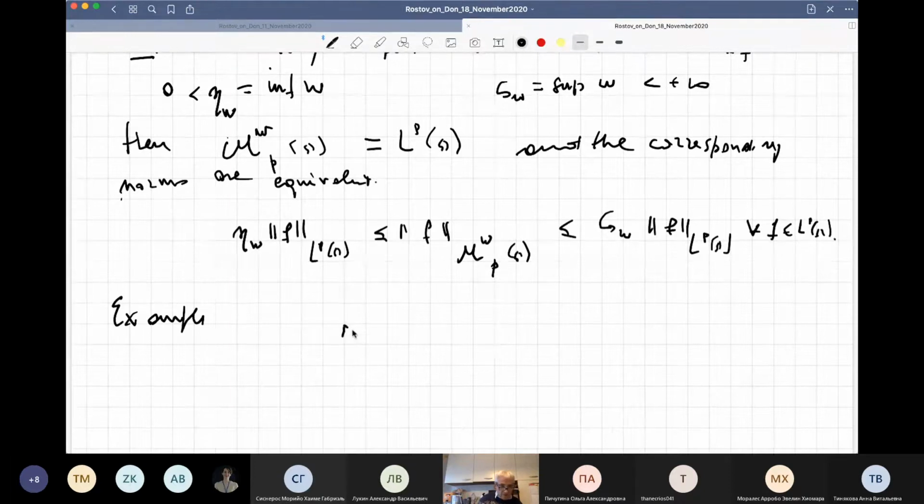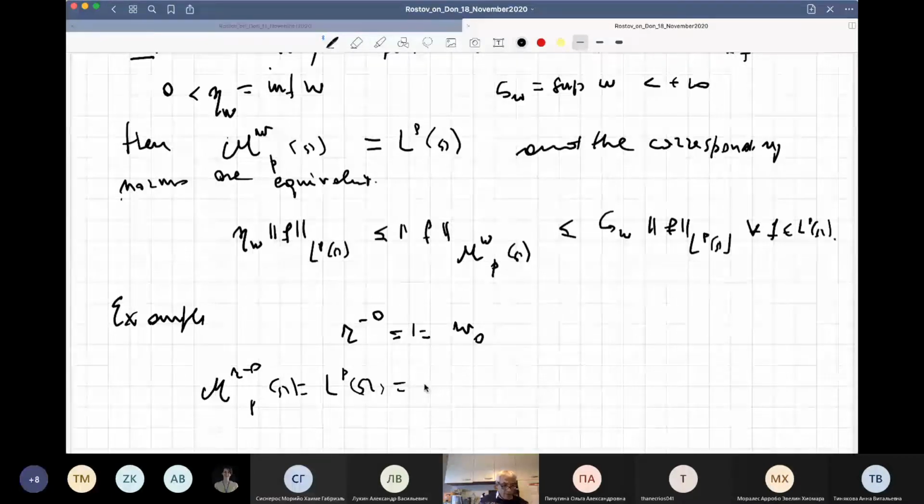Again, you can take the weights r to the minus 0 equal to 1 equal to W0. And you immediately deduce that M with r to the minus 0, P, omega equals M P omega, equals M0 P omega.